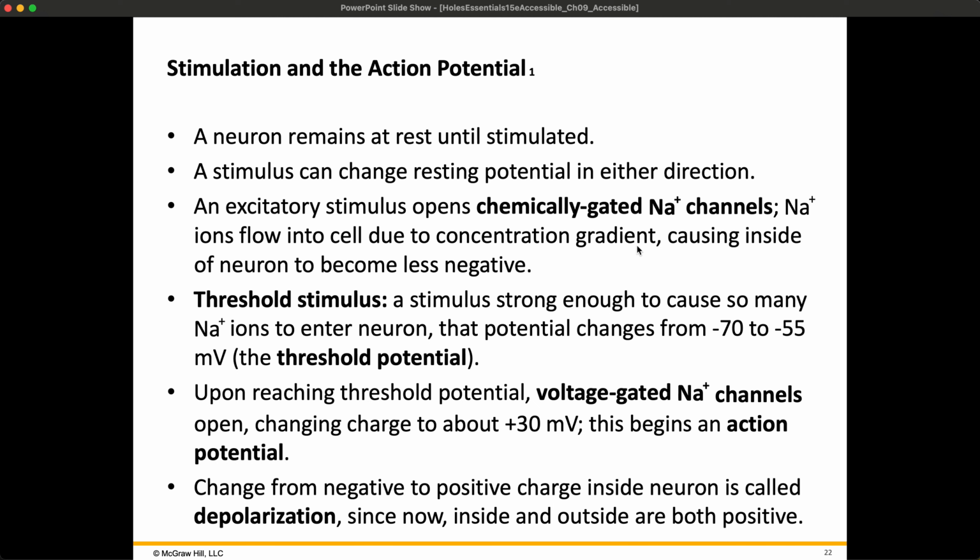So chemical-gated channels have to be strong enough, because with chemicals you can really regulate how much is being released and how much is not. And so you have to have enough chemical-gated channels open to get to this -55. And then once threshold is reached, the voltage-gated channels open, because it's, again, that -55 millivolt charge. And that's when an action potential can be established.